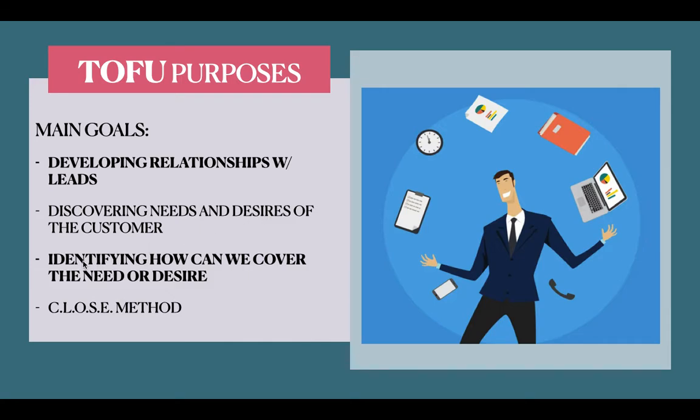We're gonna identify how we can cover the need or desire, and we're gonna use this sales method. And don't worry about this one, we will have a special class for it, but basically those are the main goals that we're gonna be working with.